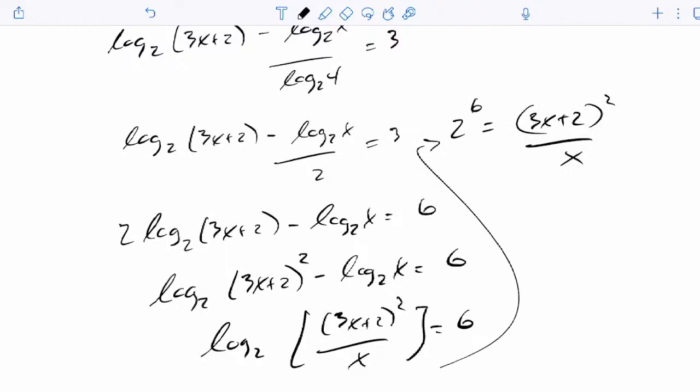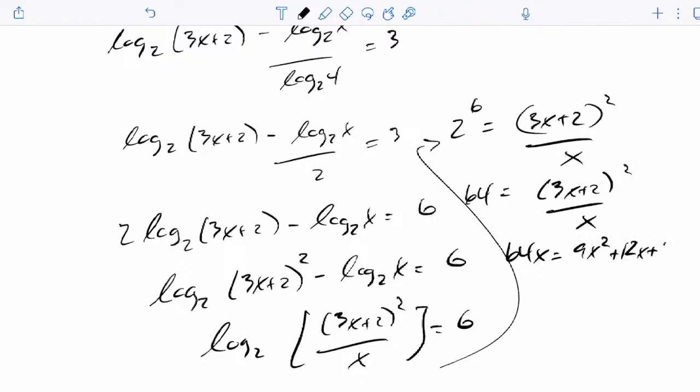All right, and then 2 to the 6th is going to be 64. And then you're just kind of solving for x here.